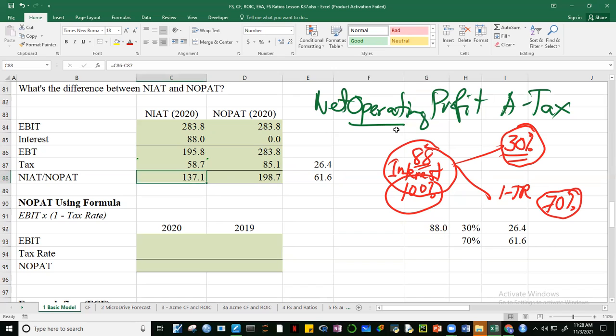Let me pause for a while, guys. So far clear ba to? Any questions? Please feel free to chat, guys, to ask your questions. If you have no questions, I would appreciate you chatting there if it's clear so far. Kindly chat, please, guys. Kung clear so far ba yung discussion natin.